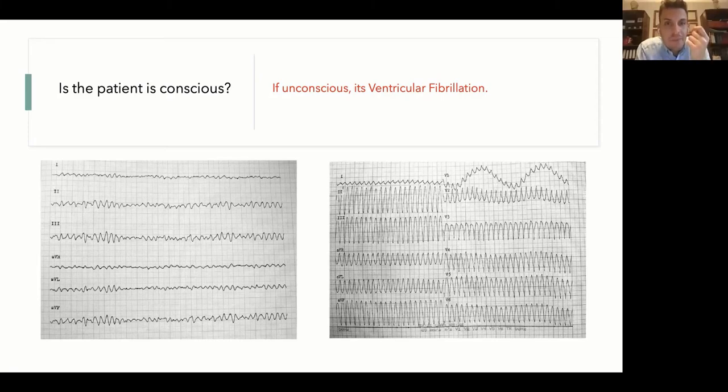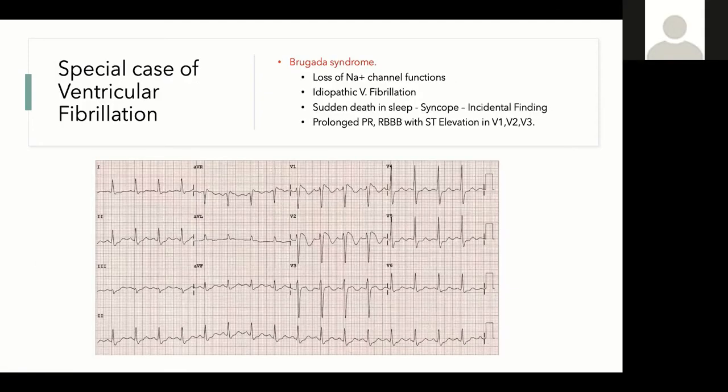If the patient is conscious, then it's ventricular tachycardia. If the patient is unconscious, we said that it is a pre-terminal event, and that means that it is ventricular fibrillation. Is that simple enough, or is there something else you would like me to explain about this? Philippa? Yes, it's understood.